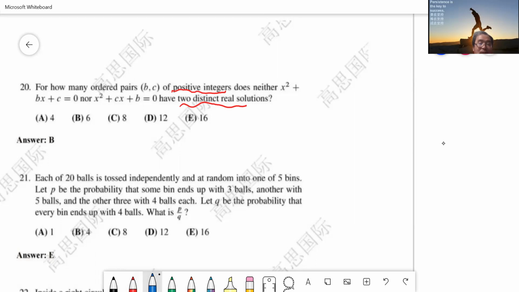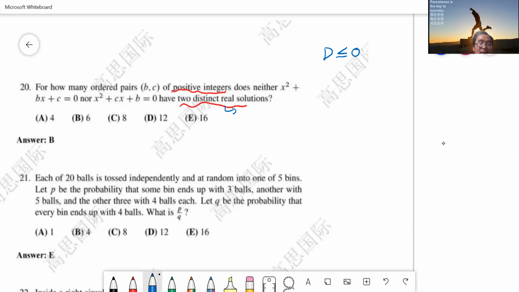If we look from here, that tells us the discriminant must be smaller than or equal to 0, right? If it's greater than 0, there are two distinct solutions. If it's equal to 0, only one solution. If smaller than 0, no real solution, right?